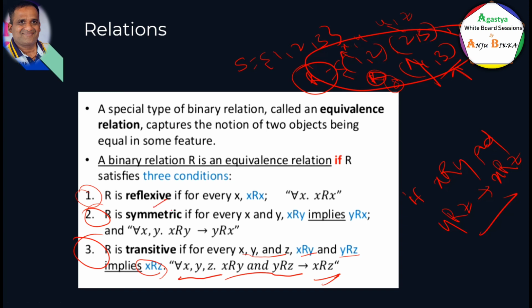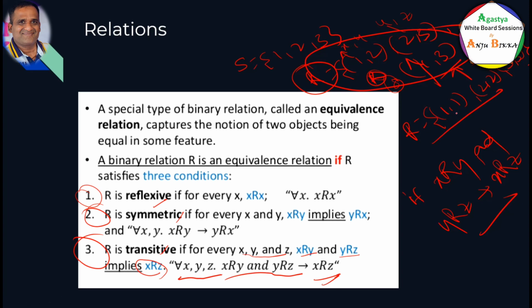If the relation is reflexive, transitive and symmetric, it means equivalence. So if we go for equivalence, (1,1), (2,2), (3,3), then this one is an equivalence relation.